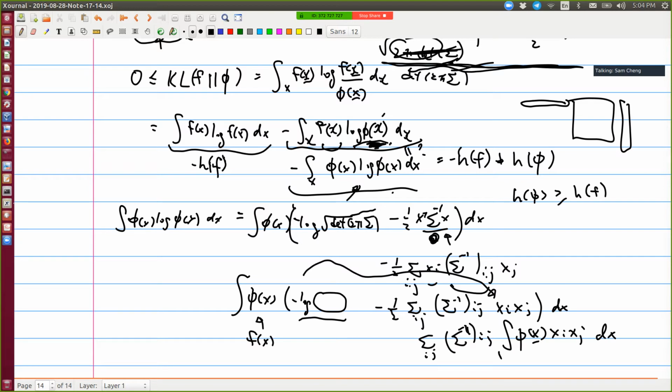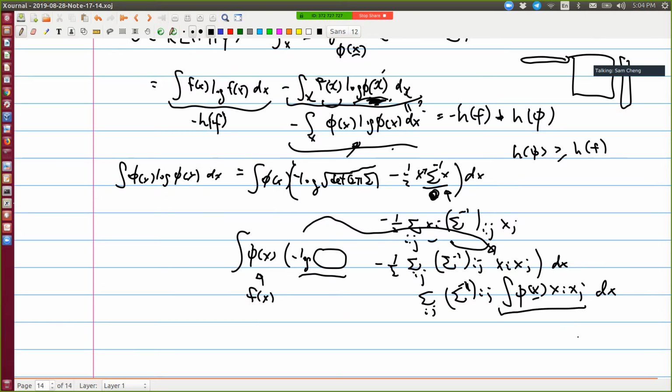Now, what is this thing here? This one is actually just the covariance between x i and x j, right? This is actually just sigma ij.